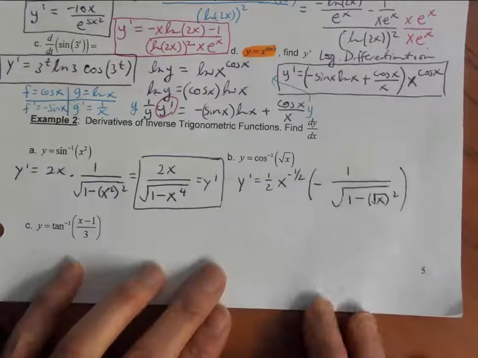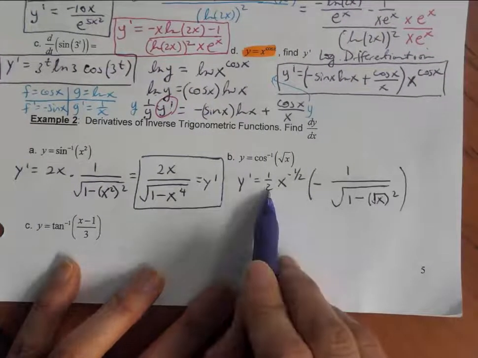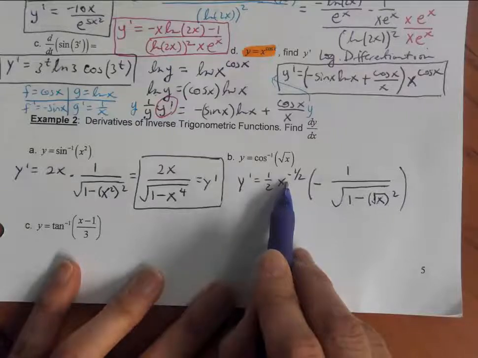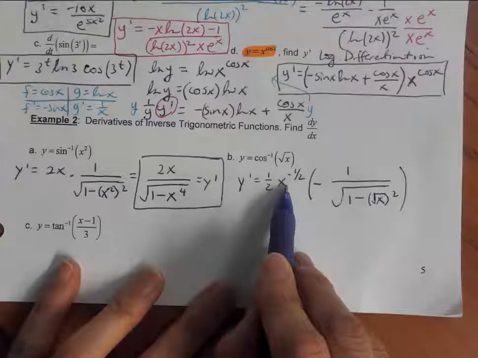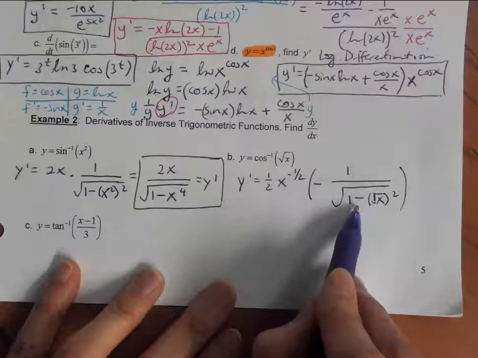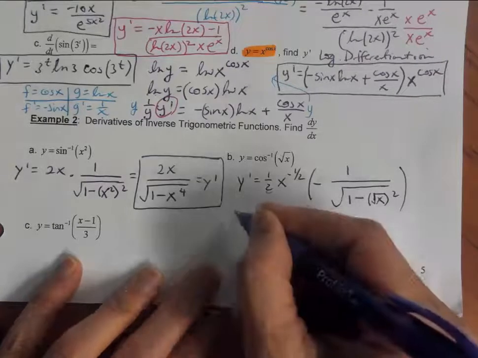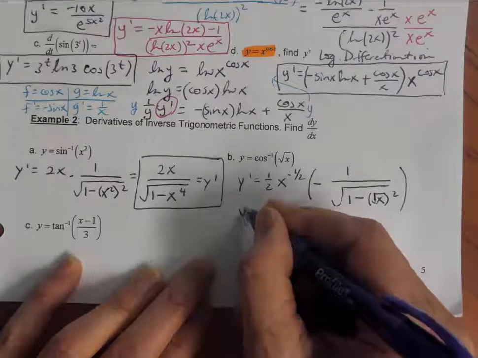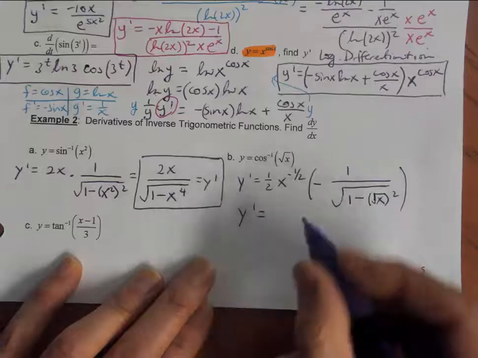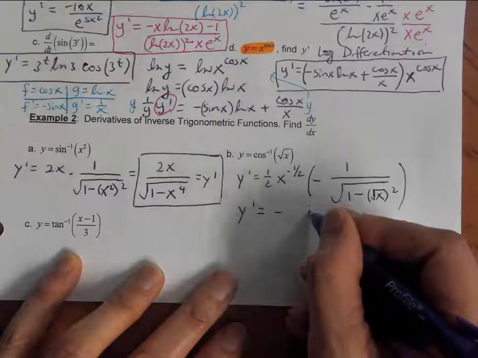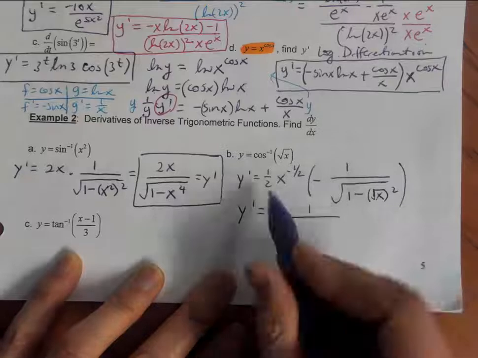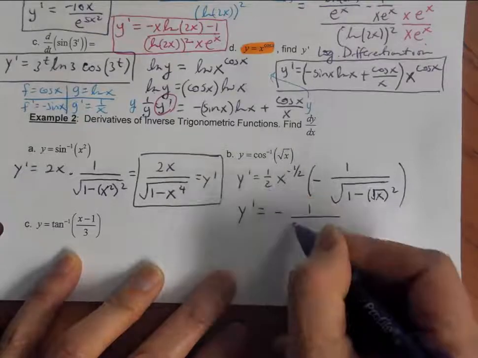Okay, so then putting it all together, 2 can go in the denominator, and this is a square root of x in the denominator, but this is also a square root of x, or square root. So I can put it all under one big square root. So y prime would equal, I have a negative out in front, and then up in the numerator, I'll just have a 1. And then in the denominator, I have my 2, which is outside.